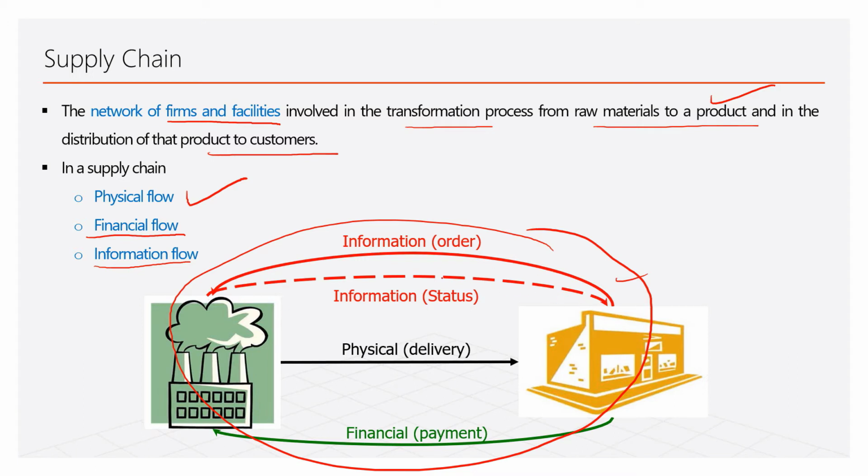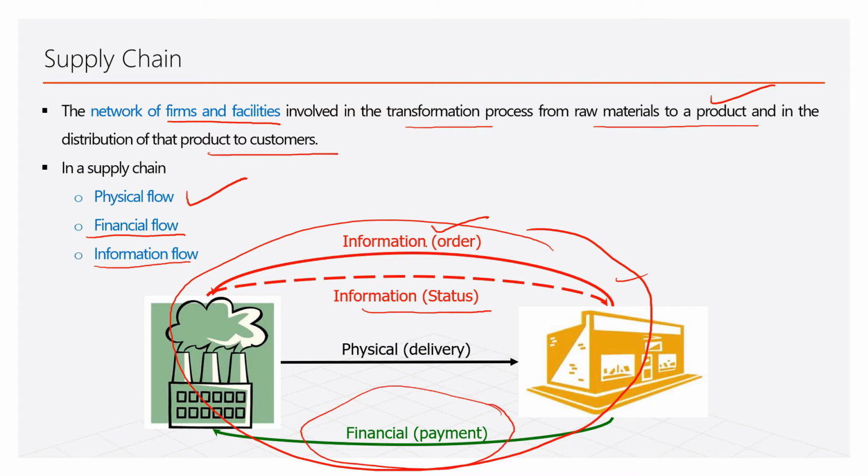Generally, of course, the information comes from the customer towards the manufacturer in terms of orders, and from the manufacturer to the customer in terms of what the status of the order is. The physical flow indicates the flow of the product from the manufacturer or supplier towards the customer. And of course, there is a financial payment flow. So we have to manage these three flows.